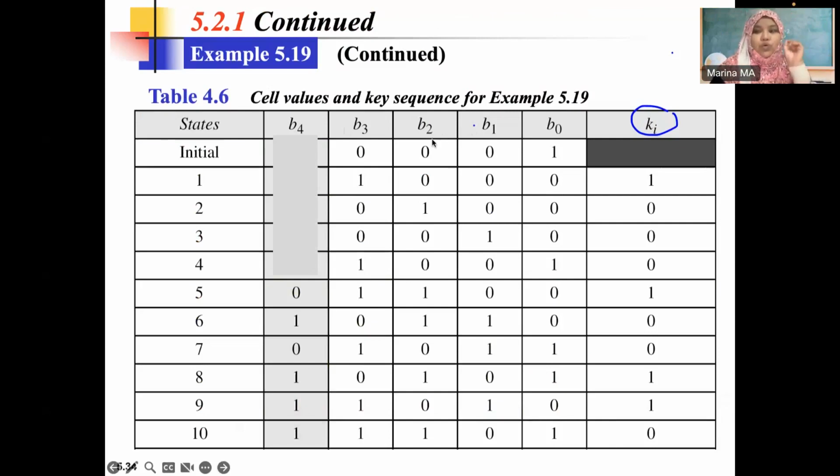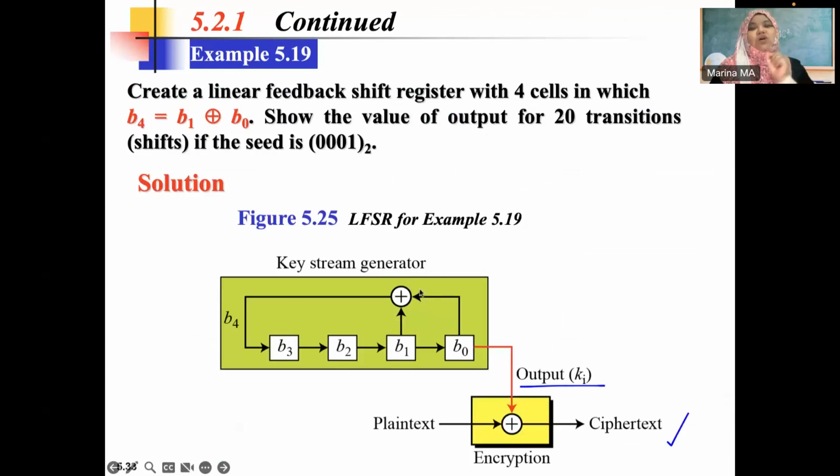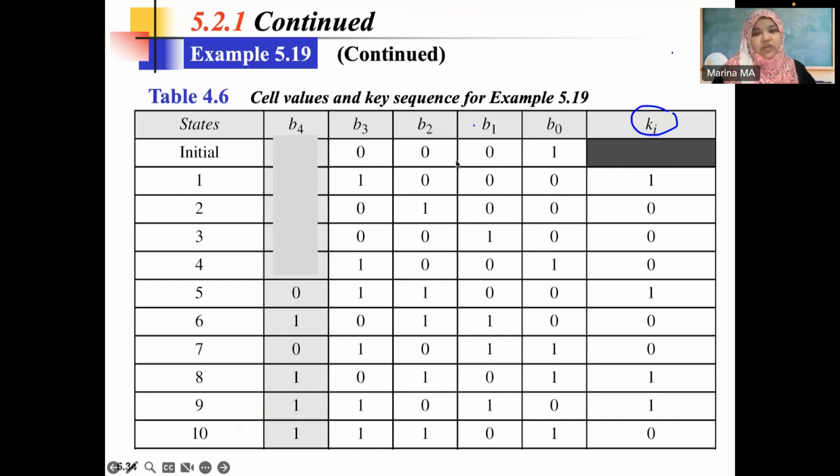So you only need to start with the initial value of the bits that have boxes. Because B4 comes from the manipulation of the values in the boxes. So the initial values are those in the boxes, not B4. So we have 4 boxes, B0, B1, B2, B3. So we need the initial value, which is 0001. So initially, what is B4?